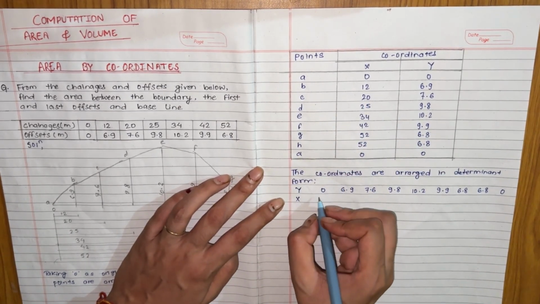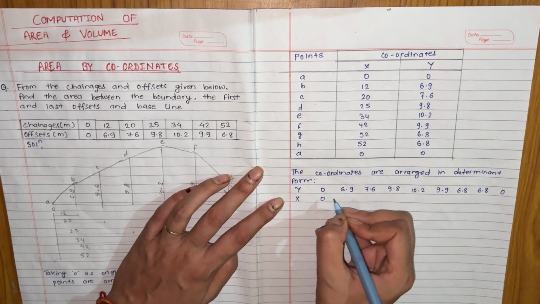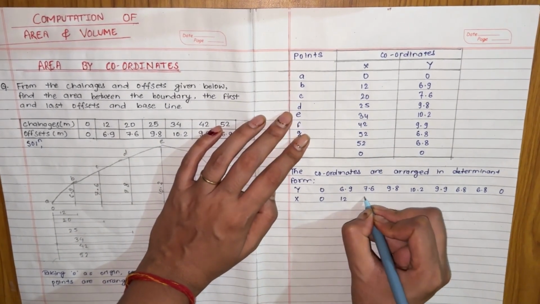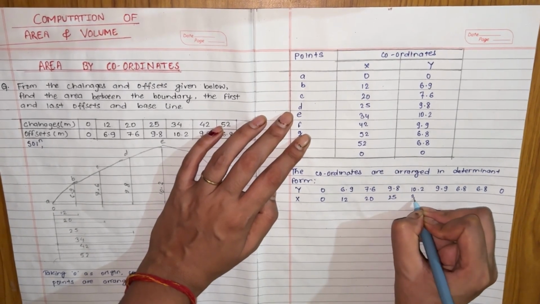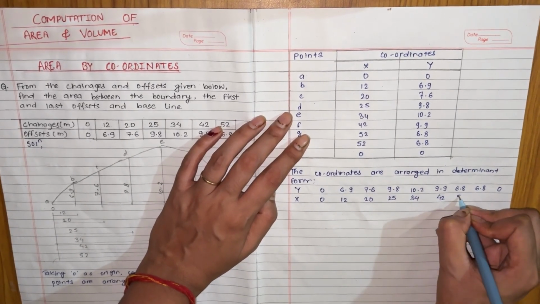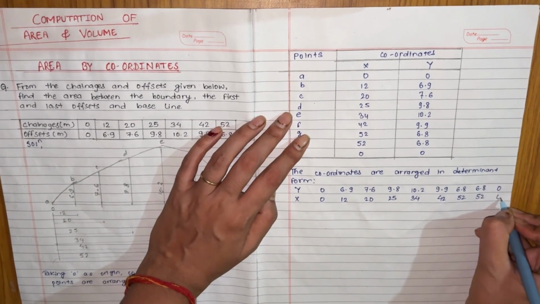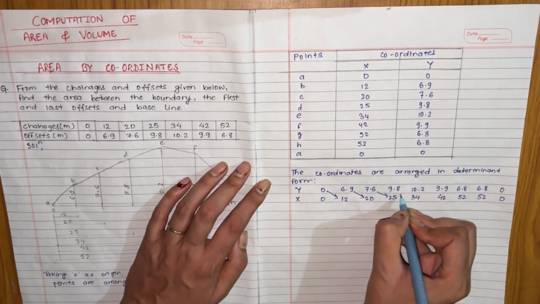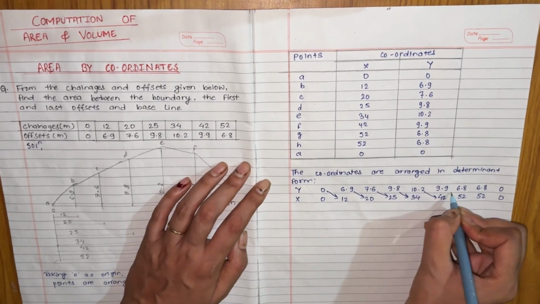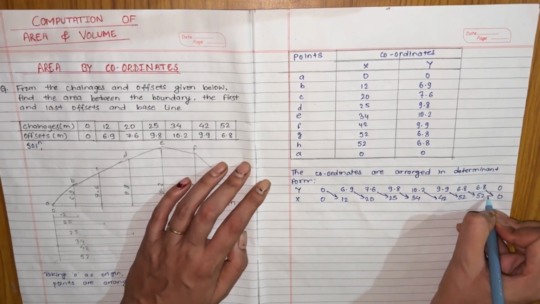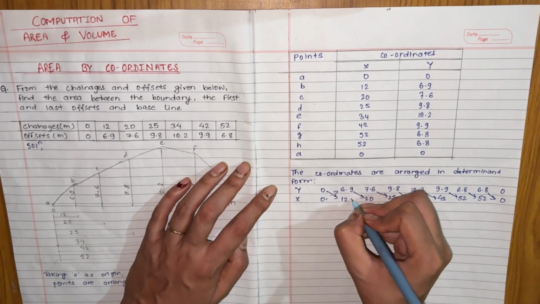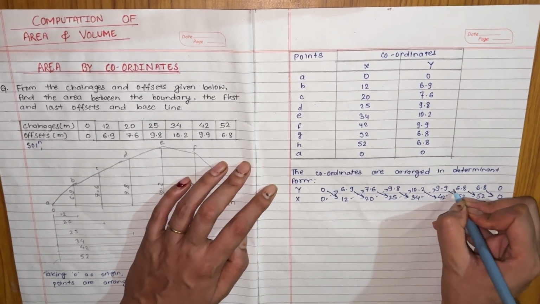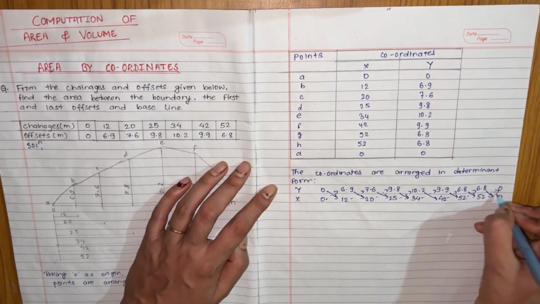The x coordinates here are 0, 12, 20, 25, 34, 42, 52, 52 and 0. Now these are the solid lines and these are the hidden lines here. We'll solve this by determinant method.